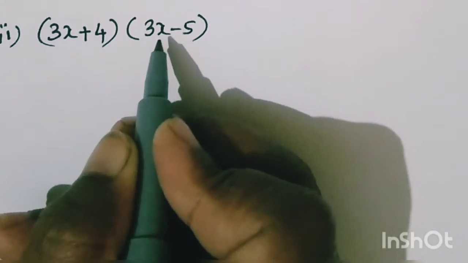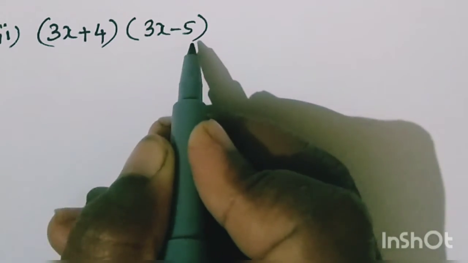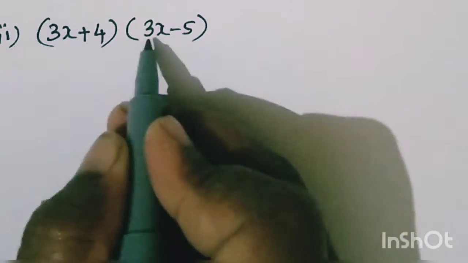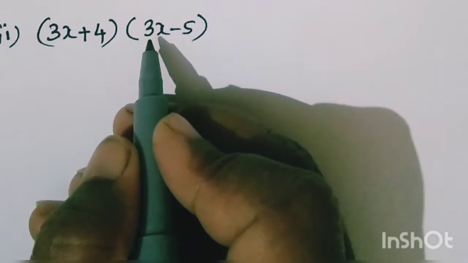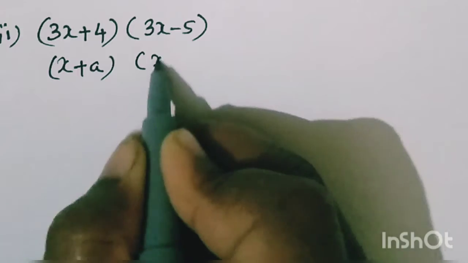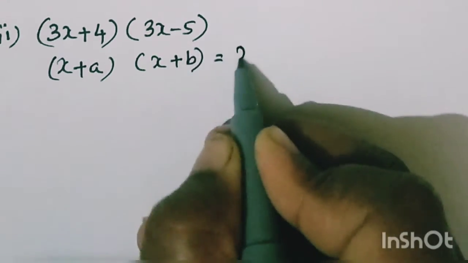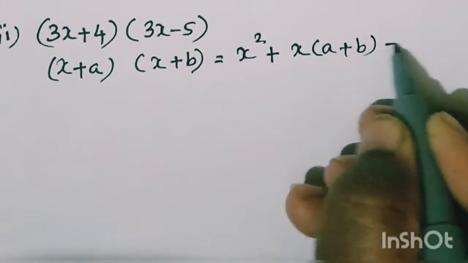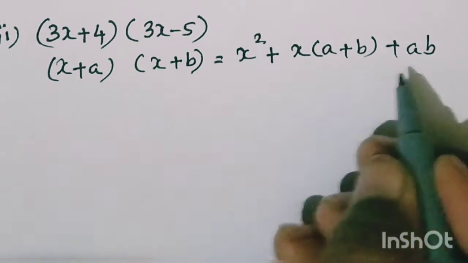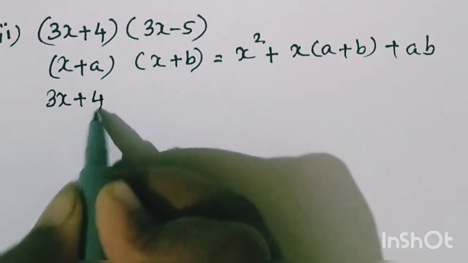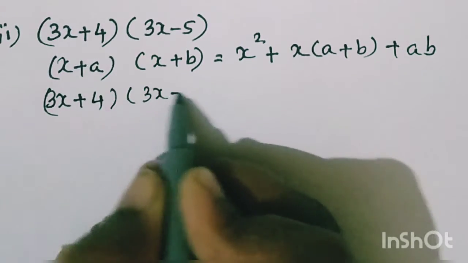So when you see here 3x plus 4 and 3x minus 5, same identity only here. Okay, because x is constant here. But here you have a coefficient also along with it, so no problem, but the identity will be the same. So here write the identity. By writing this identity only you can by heart actually. 3x plus 4 and 3x minus 5.